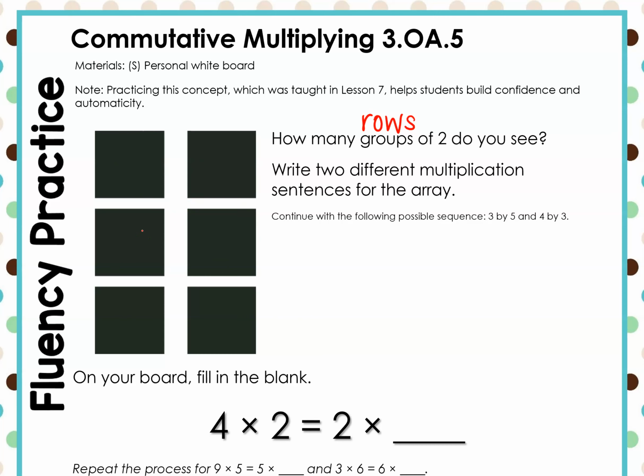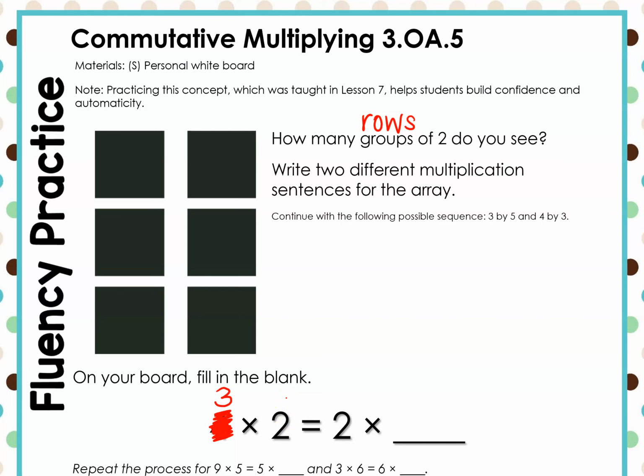There are 3 rows of 2. I'm noticing there was a little mistake here, so this should be the number 3. Okay, so there are 3 rows of 2. That would be represented by the multiplication problem 3 times 2.